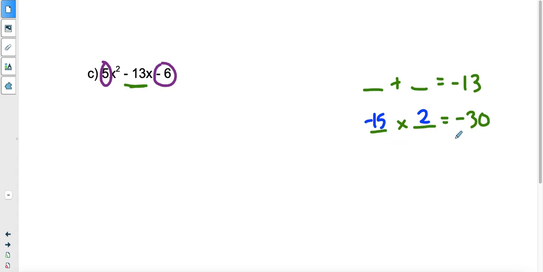Negative 15 times 2 multiplies to give me negative 30, and it also adds to give me negative 13. So that works. And I can use these two numbers now to split up my middle term here. So I'm going to use the negative 15 and the 2 to split up my negative 13x. And then at the end we have a minus 6.